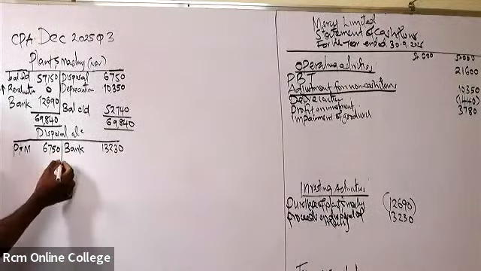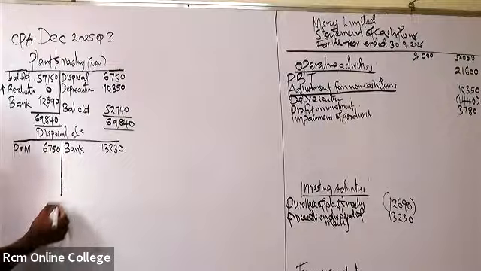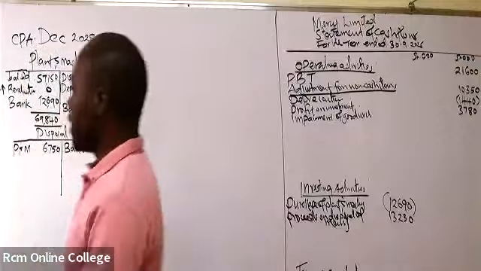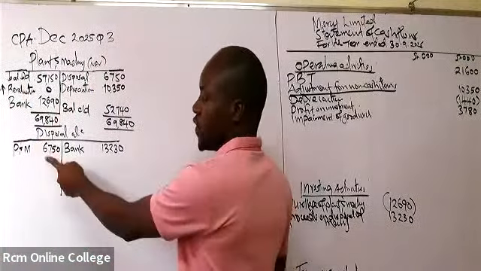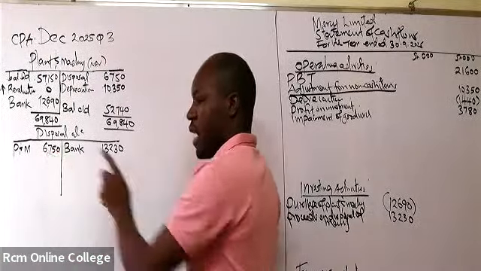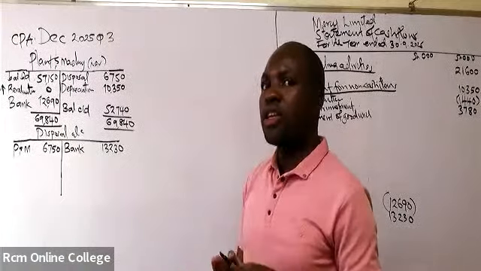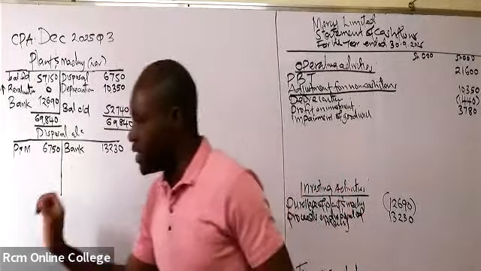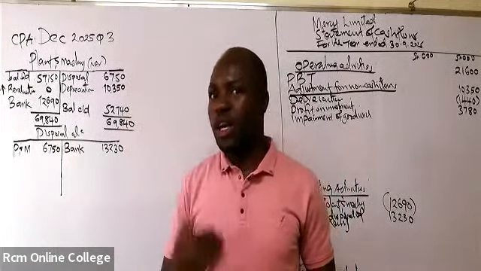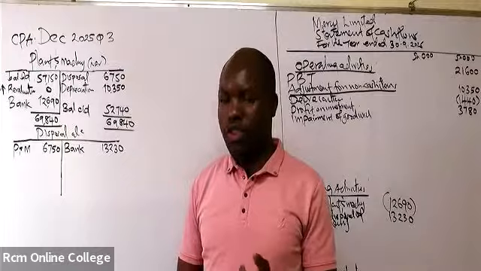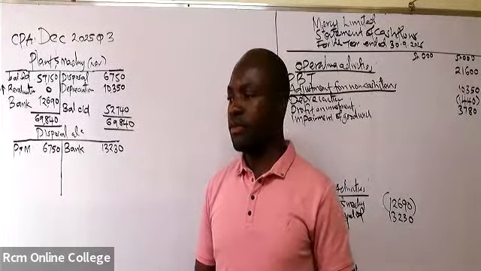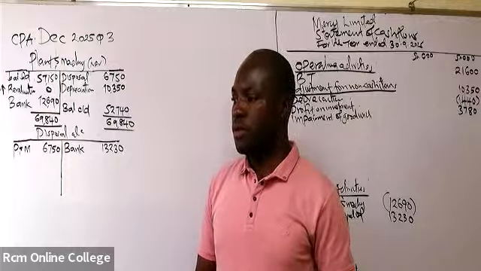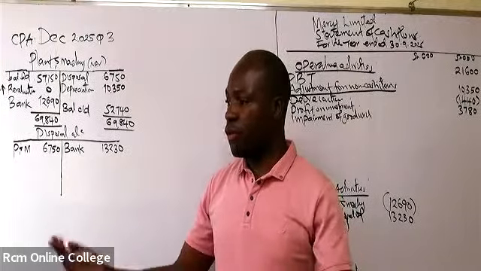Good. So let's come back and attack the disposal account. The value of the asset this company is disposing as at the time of disposal was 6,750. But whoever purchased this asset gave them 13,230. Was this asset disposed at a gain or a loss? You have an asset, you have your phone.